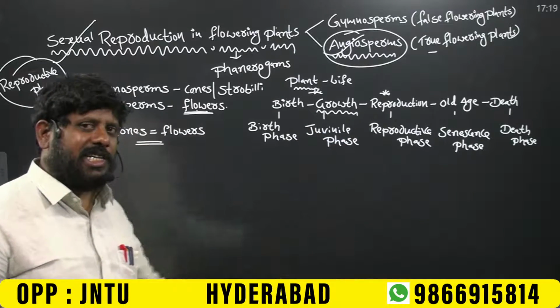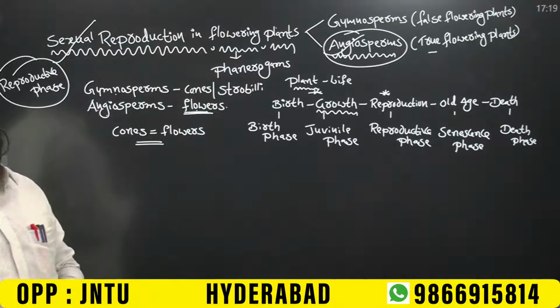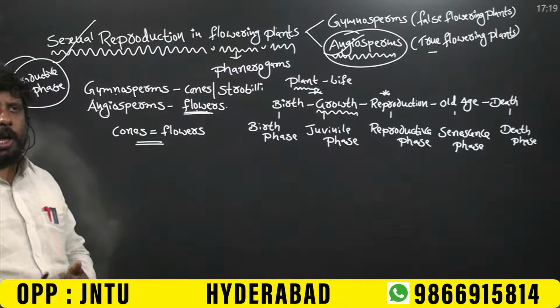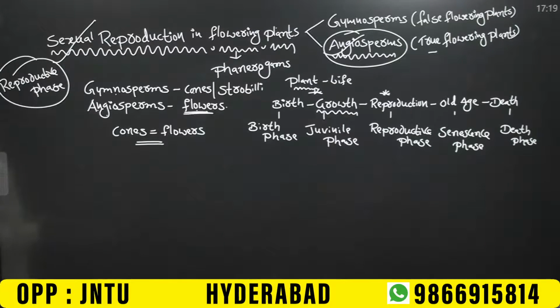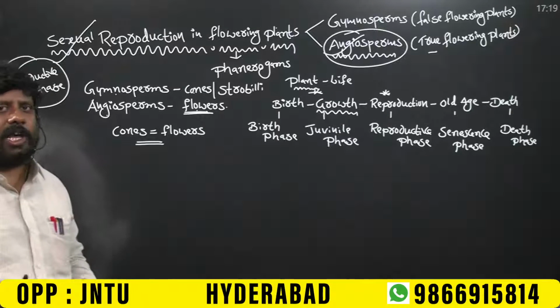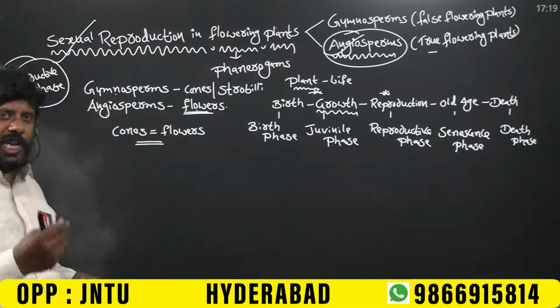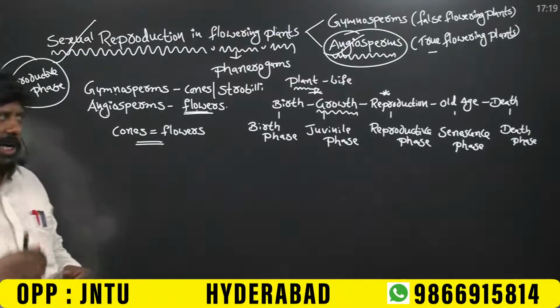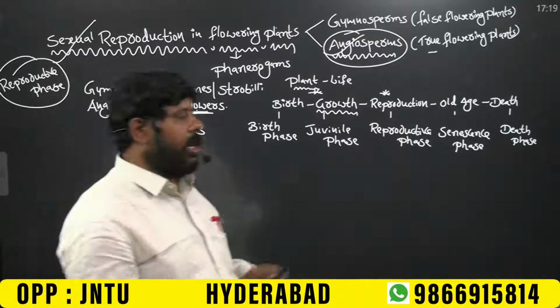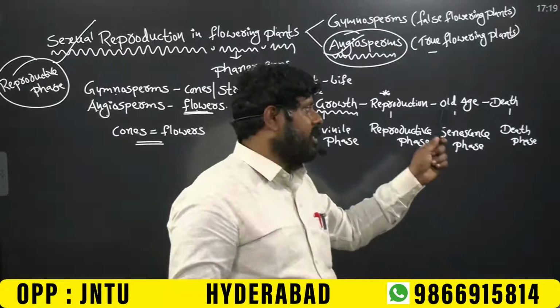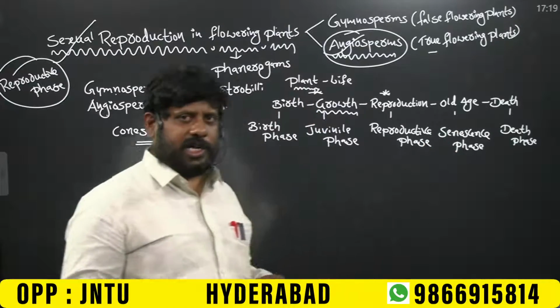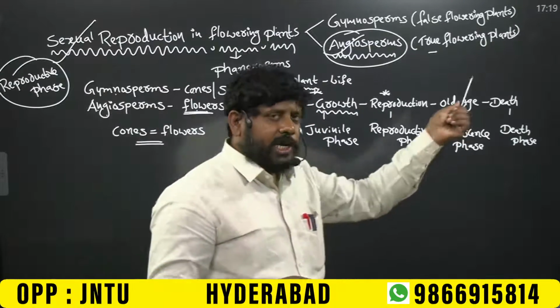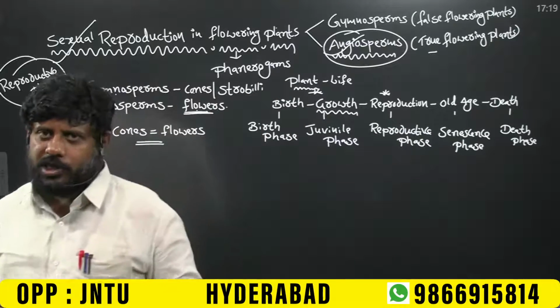What is senescence? Aging, increase in the age of a plant organ. If you take the root, increase in the age of the root is called senescence. Increase in the age of stem, increase in the age of leaf. Increase in age, meaning the aging phenomenon, is called senescence. That means old age comes under the senescence phase. Finally, death comes under the death phase.